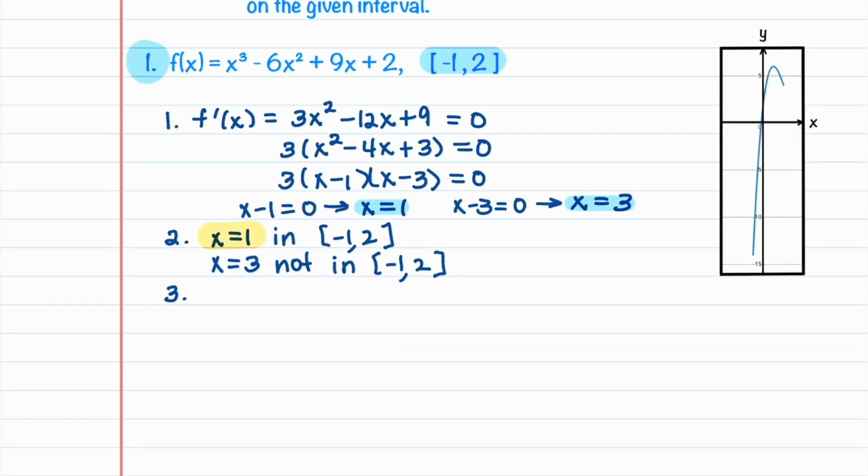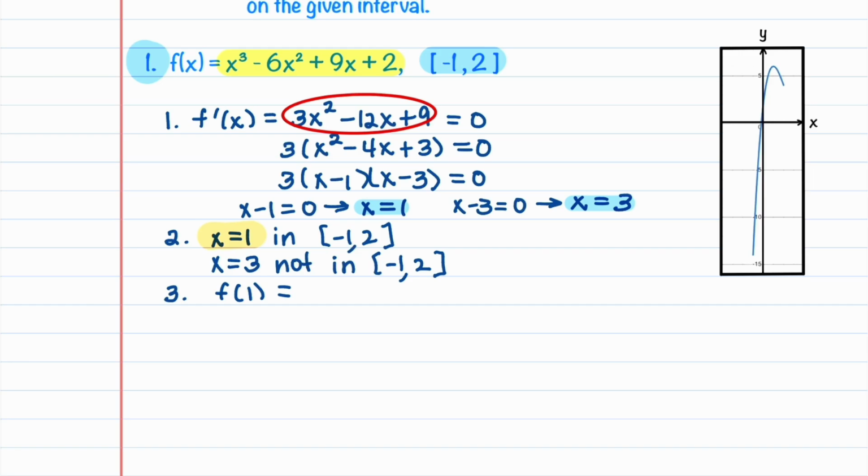Step 3 says that we have to find the value of f at the critical number in the interval and at the endpoints. So we are going to find f at 1. You just go back up to the original function. Let me go ahead and highlight this in yellow. And we're going to substitute in that x is equal to 1. Notice that we are not substituting it into the derivative.